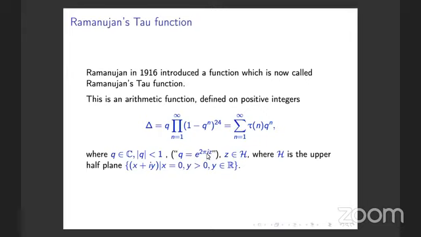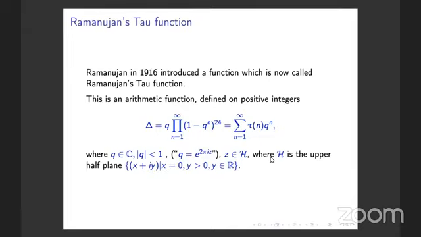So q is e to the power 2 pi i z, where z is a complex number in the upper half plane. Think of the complex plane with an x-axis and a y-axis. When you express a complex number in terms of Cartesian pairs, you can think of it as x plus iy, or a pair xy, where x and y are real numbers.